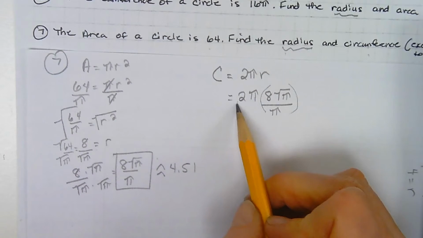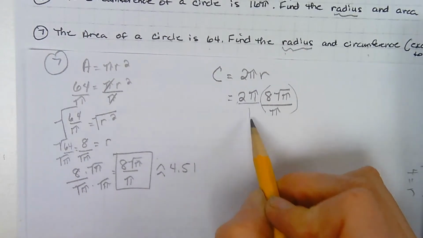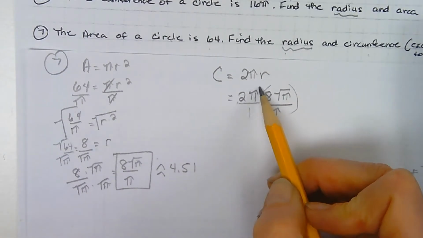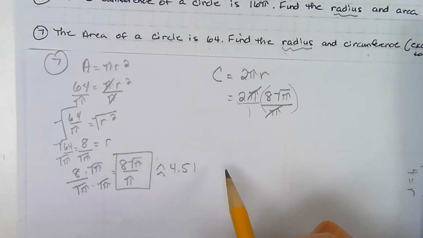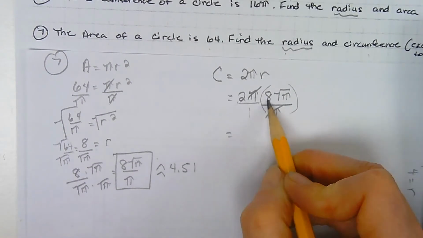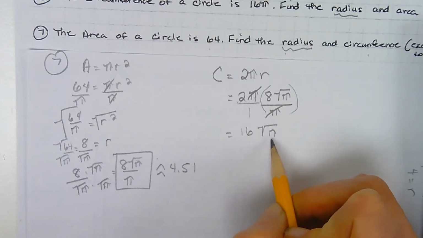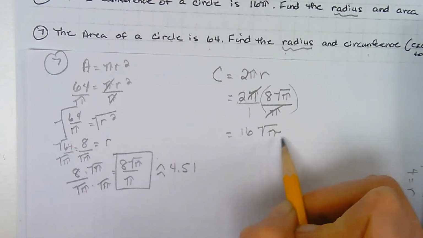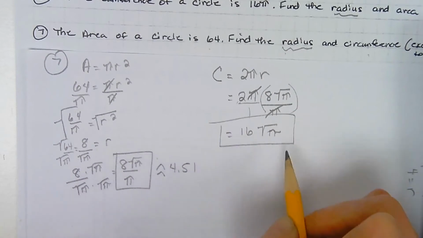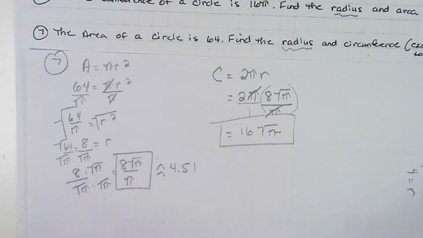We're multiplying here, so this is the same thing as this if it was over 1. So I can cancel the pi and the pi on the bottom. And 2 times 8 is 16, and we have the square root of pi. And the bottom here is just 1, so that's our answer for the circumference. 16 times the square root of pi.